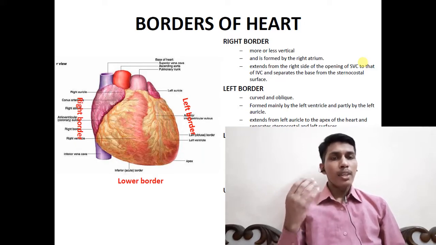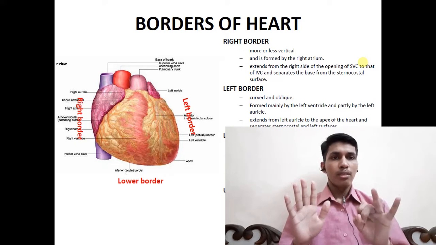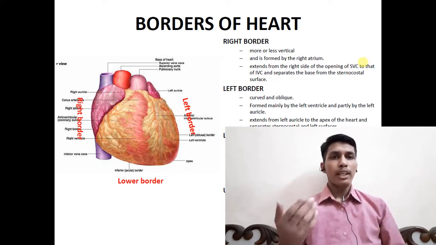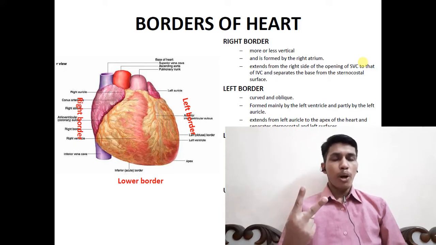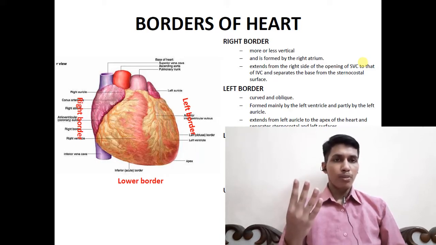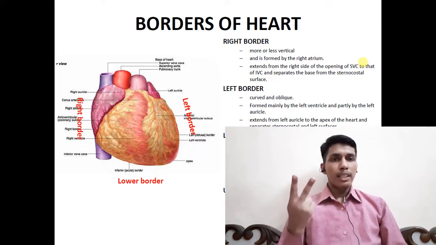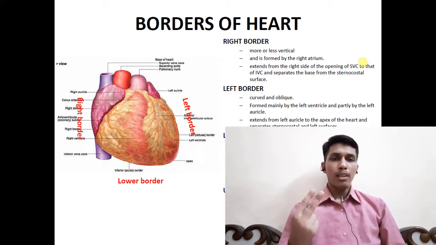These are 7 in number, and before studying the external features we must have basic knowledge of 2 points. Number 1, chambers of the heart. Heart is made up of 4 chambers, as we know from earlier classes: 2 atria present above, at the superior of the heart, and 2 ventricles present lower, at the inferior of the heart.